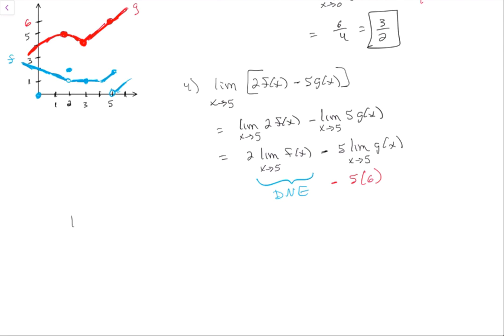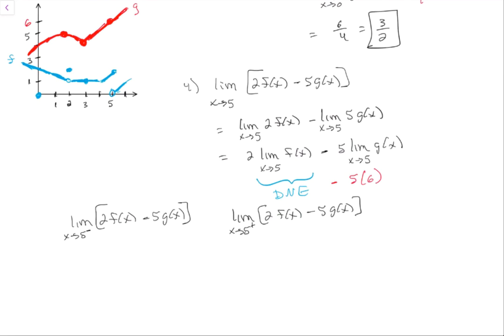I'm going to take a look at the limit of 2 times f of x minus 5 times g of x. I'm just rewriting my problem, and I'm going to let x approach 5 from the left. And then I also want to take a look at that same thing, 2 times f of x minus 5 times g of x, as x approaches 5 from the right.